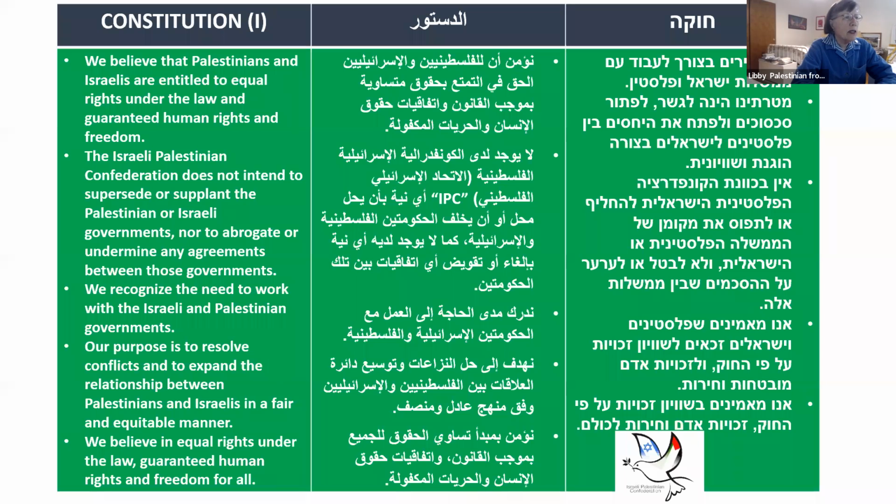We recognize the need to work with the Israeli and Palestinian governments. Our purpose is to resolve conflicts and to expand the relationship between Palestinians and Israelis in a fair and equitable manner. We believe in equal rights under the law, guaranteed human rights and freedom for all.